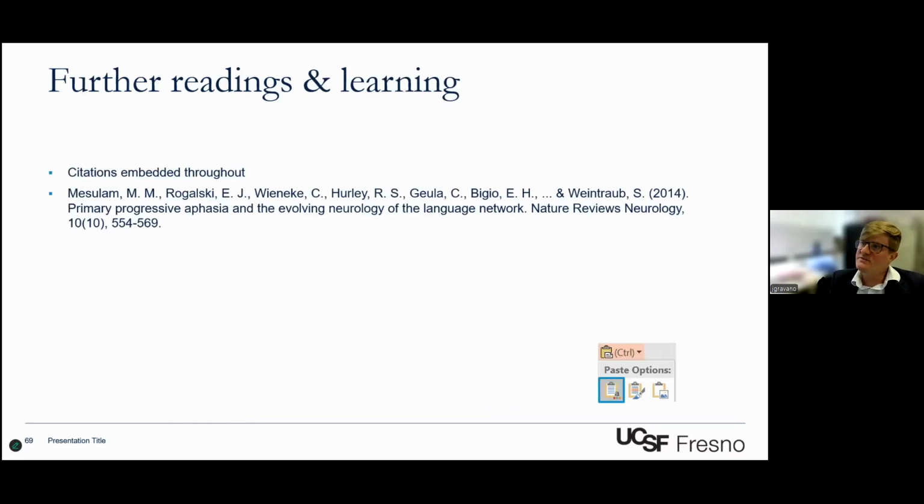Okay. So the citations are embedded throughout. I hope that it prompted some interest at the very least in learners trying to understand a bit more about how you can understand the clinical neuroanatomy of primary progressive aphasia as it relates to language as well as other disturbances. And there are several really good reviews.